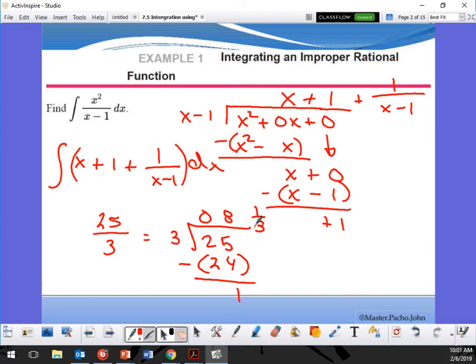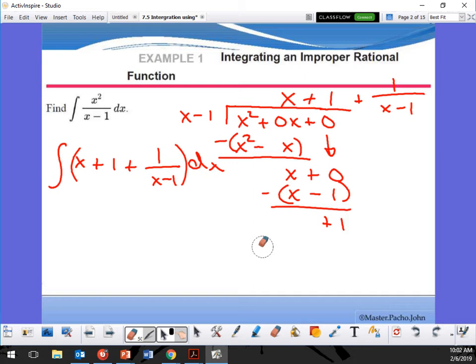Okay? All right, so now let me clear up what I did here. We're gonna do this again. I'll give you guys another problem right here to help concrete your understanding of this. Now let's take the integration of this. If I integrate this, it's going to give me x squared over 2 plus x plus, what's the integration of 1 over x? ln, right? So this is going to be the integration of ln of the absolute value of x minus 1, and then plus c.